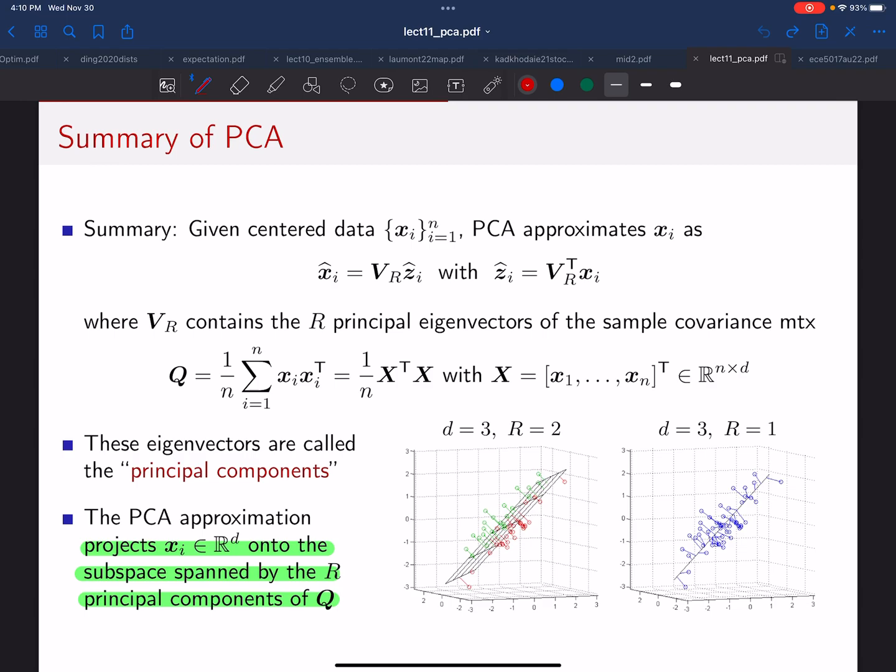And just to summarize what we did last time, the idea behind PCA is we want to reduce the dimensionality of our features because we want them to take up less space, or we want it to do some subsequent task with less computation.